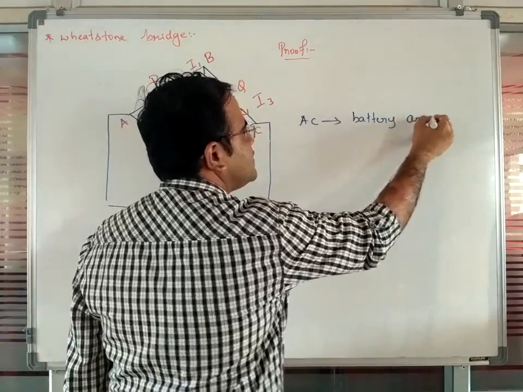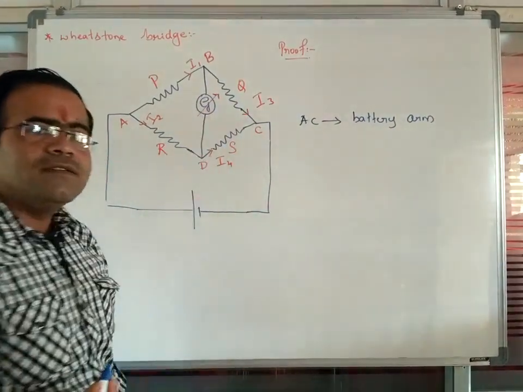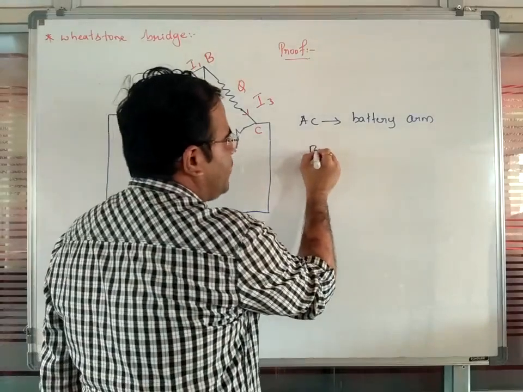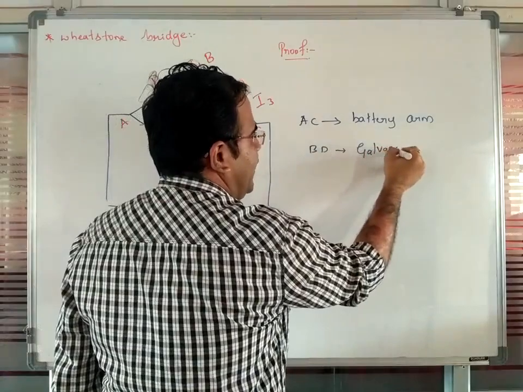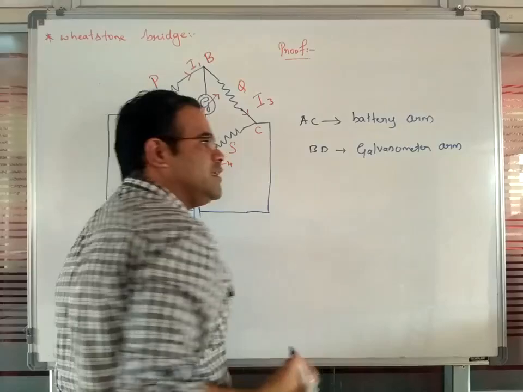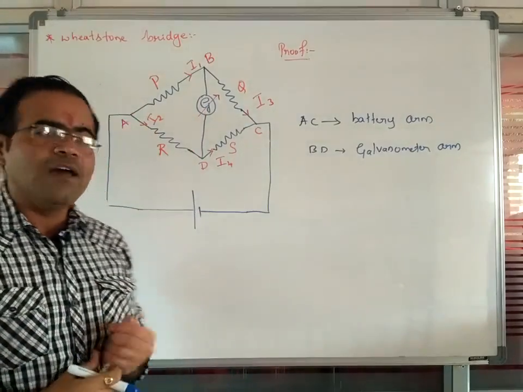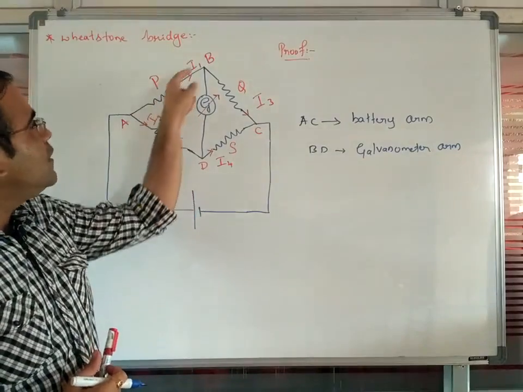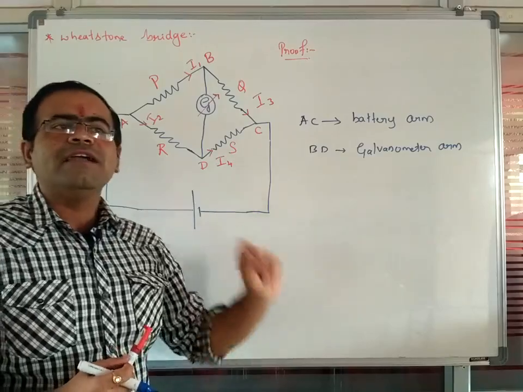Similarly, we observe BD. This BD represents the galvanometer arm. For this galvanometer arm as well as the battery arm, the potential between point B and point D remains the same.